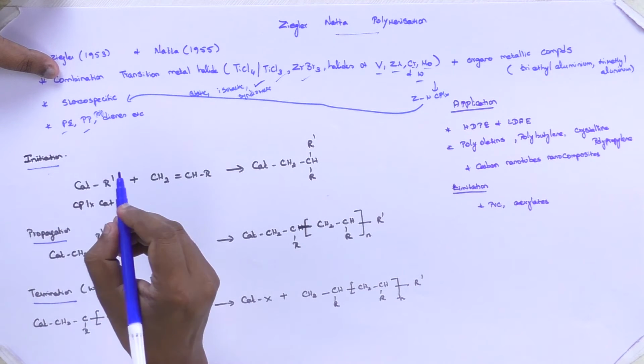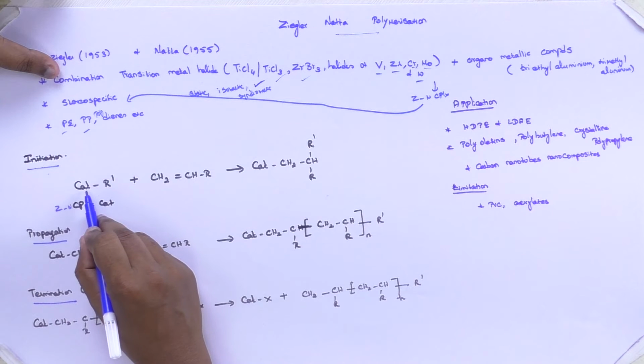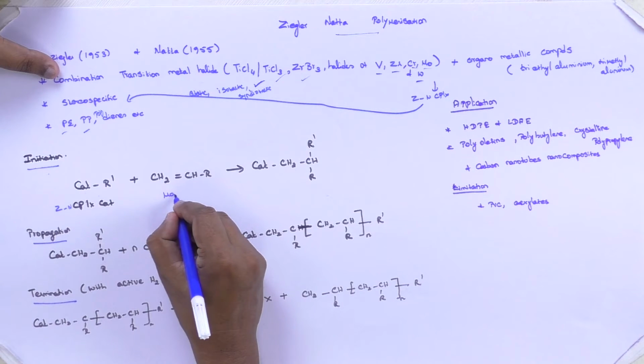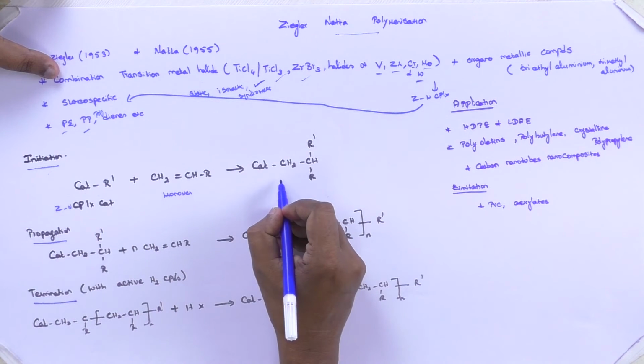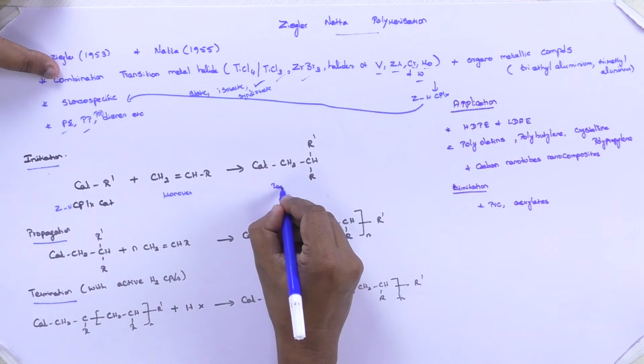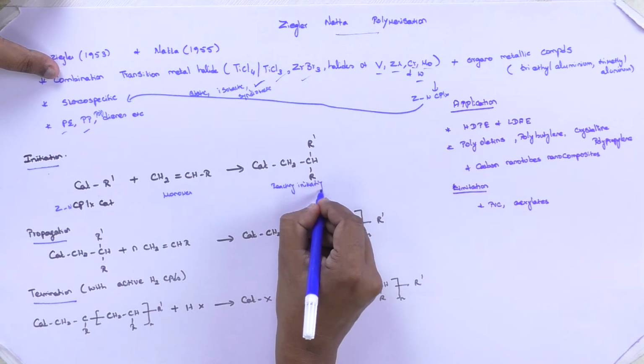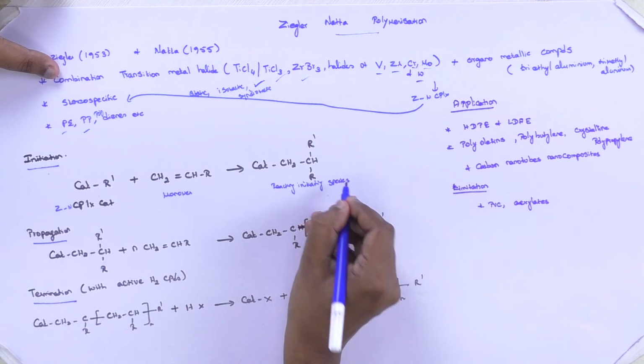During initiation, you prepare the Ziegler-Natta complex catalyst, and this catalyst reacts with the monomer to form a complex of this type. This is also a complex and it is a highly reactive initiating species.